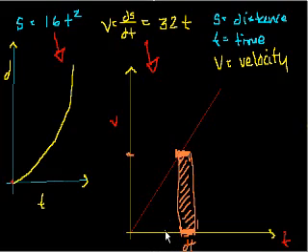Well, if we wanted to figure out the distance that you travel after, let's say, t sub naught, which is just a particular t, after t sub naught seconds, then all we would have to do is do a bunch of dt's.